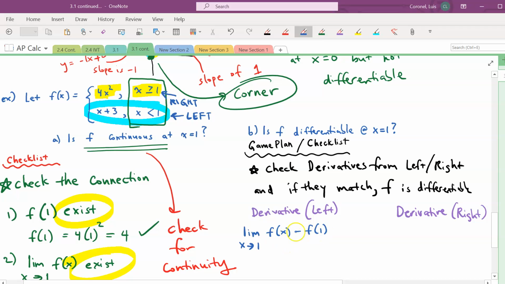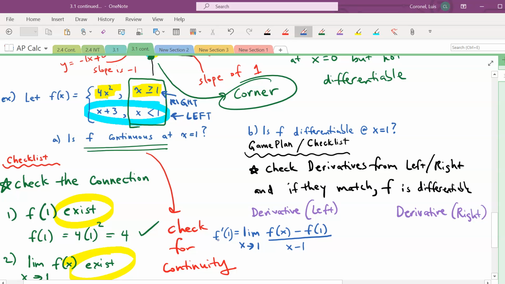We're using the alternate definition of derivative formula because we want to find the limit at 1. And this is going to give us the answer for f prime, the derivative, at 1.